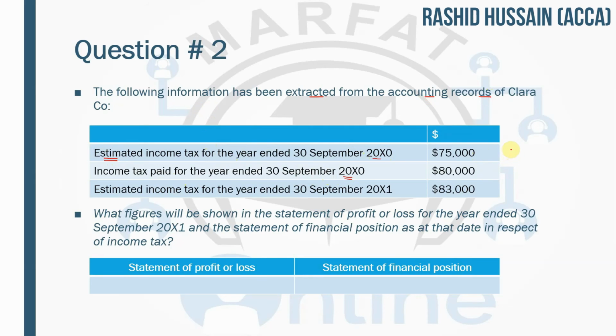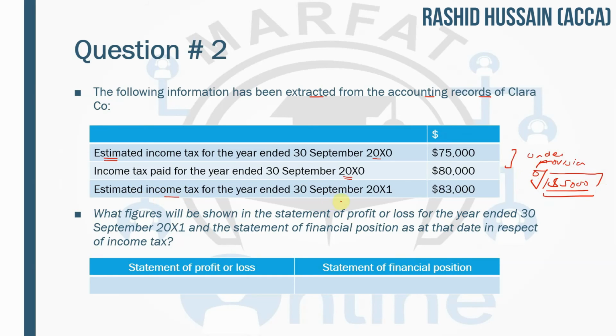That means there was an under provision. There was an under provision of how much? 5,000. They booked the expense of 75,000 and the actual tax was 80,000. So there is an under provision of 5,000.